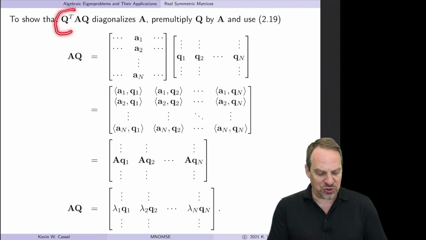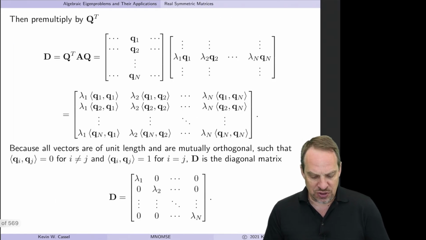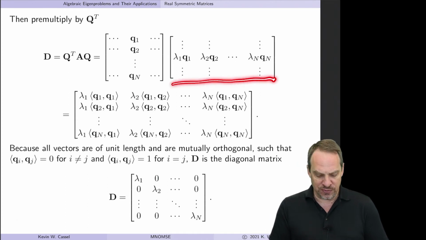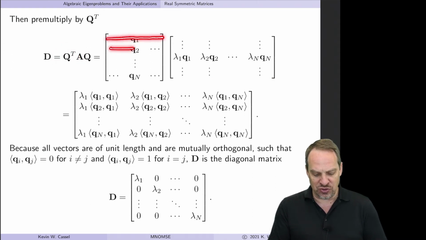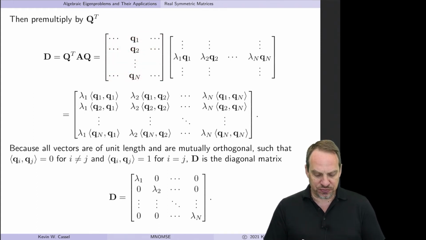Now let's pre-multiply by Q transpose and see what happens. So here's our A times Q that we just had from the last slide. And now we pre-multiply by Q transpose. So now that has Q1 as the first row, Q2 as the second, Q3 through Qn. Again, do the matrix multiplication.